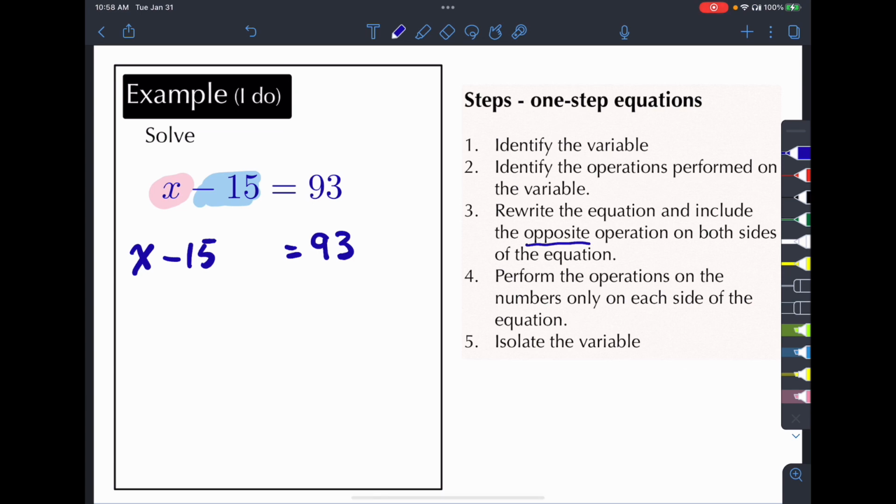And we want the opposite operation on both sides of the equation. So we have minus 15. Remember, the opposite to subtraction is addition. So we want to add 15. And we do it to both sides. Let's highlight that in yellow here.